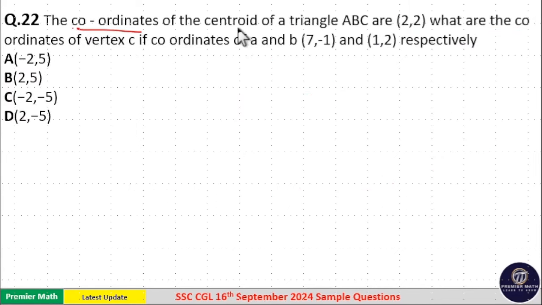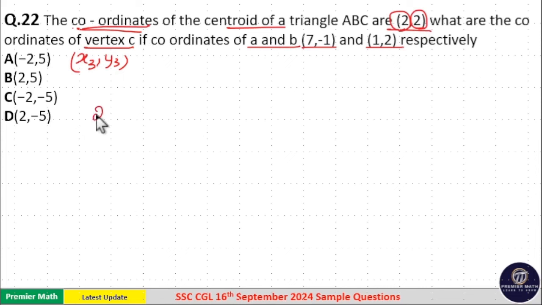The coordinates of centroid of triangle ABC are 2 and 2. What are the coordinates of vertex C if coordinates of A and B are 7, minus 1 and 1, 2 respectively? Here consider coordinates of vertex C as x3 and y3. And here coordinates of centroid of triangle means average of x component and average of y component.